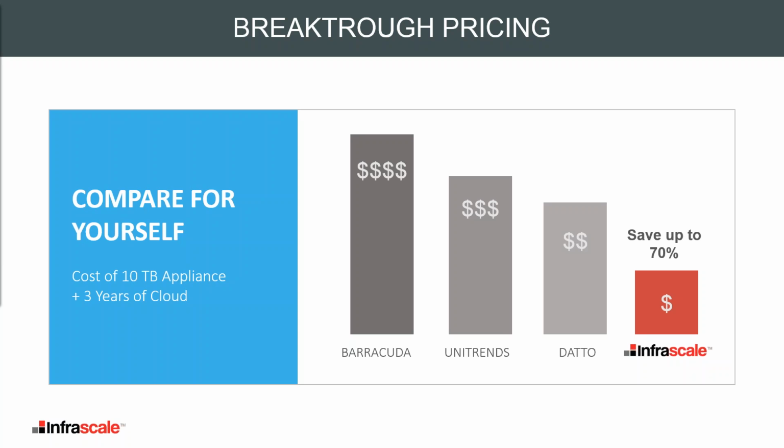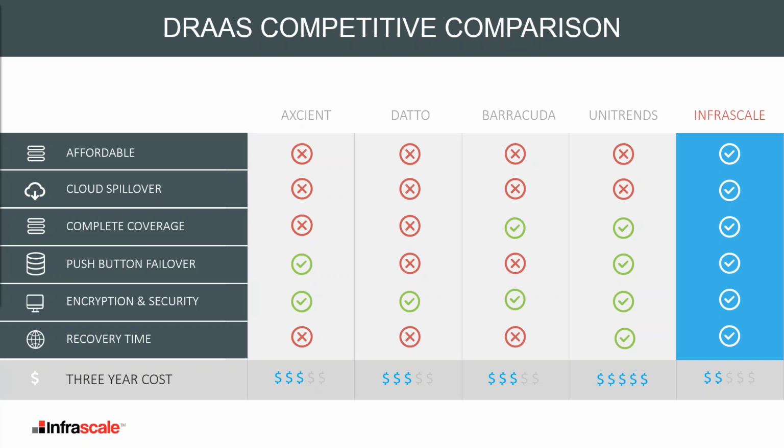We did this comparison with Barracuda, Unitrends, Datto, and Infrascale. And what we found was that the Infrascale solution would save up to 70% in comparison to, and again, an apples-to-apples comparison. So I'm happy to share this information with you, all the data that we collected.